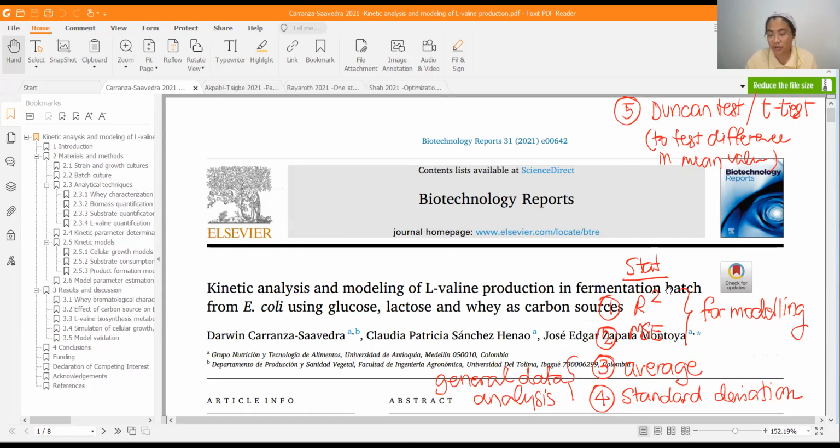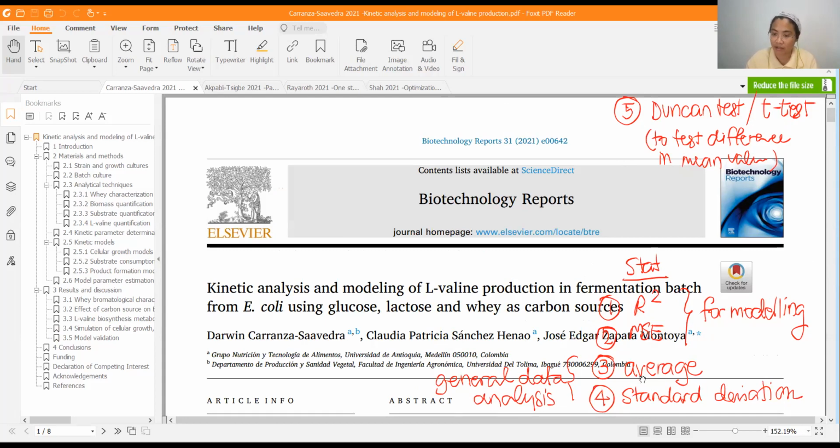You have R square and mean square errors, which they are using in modeling. R square shows how well the model fits the data. MSE is for finding the best fit line.